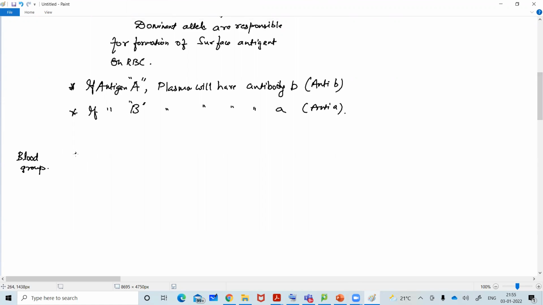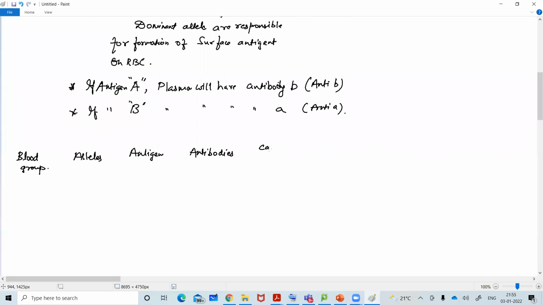Then we'll write here alleles. Then we'll talk about antigen. We'll say antibodies. Then we'll talk about blood transfusion.